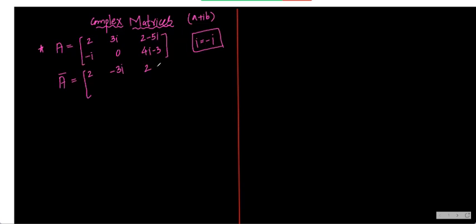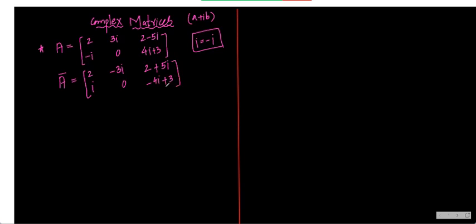Wherever plus i is there, write minus i, and wherever minus i is there, write plus i. That is the way to find A bar, the complex conjugate. So this is minus i, and multiplied by a minus, minus into minus is plus. 0 as it is. This is 4i, where i is positive, so we make it negative: minus 4i.